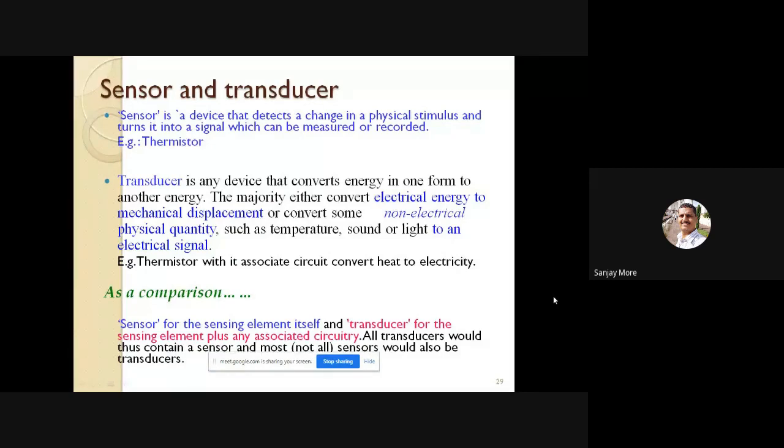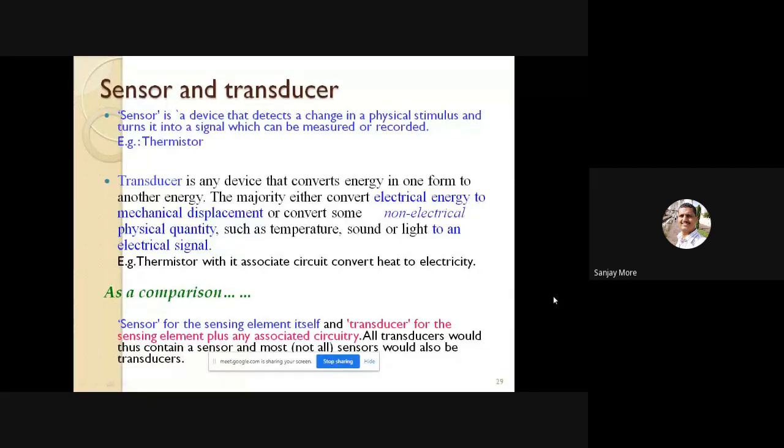See in detail. The next definition is what is meant by transducer. A transducer is a device that converts energy in one form into another form. It either converts electrical energy to mechanical displacement, or converts some non-electrical physical quantity such as temperature, sound or light to an electrical signal.